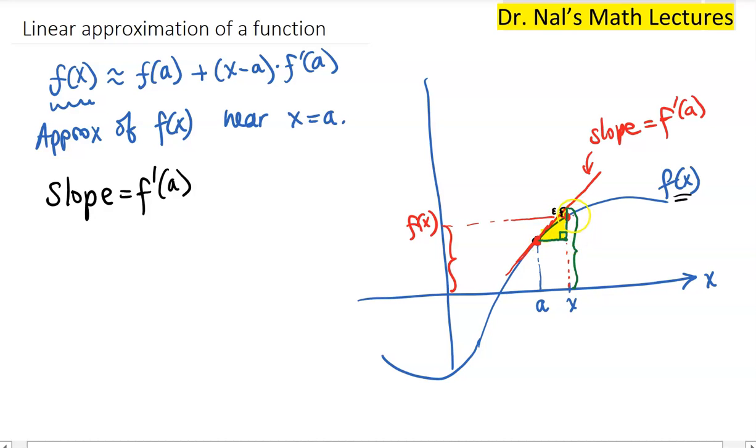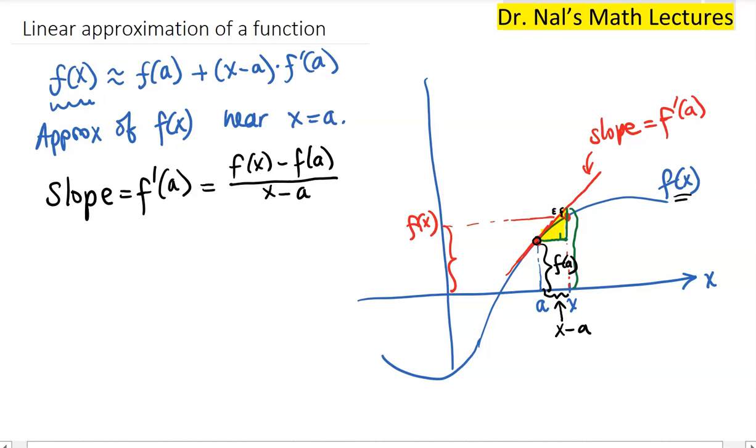The rise would be, because this distance here is f of a, just f of x minus f of a, all divided by this distance, which is really x minus a.